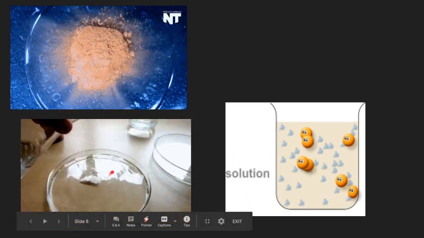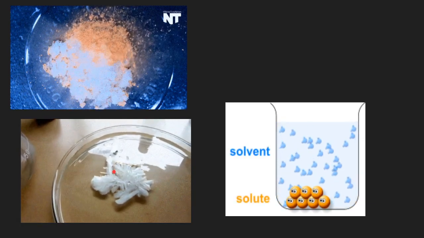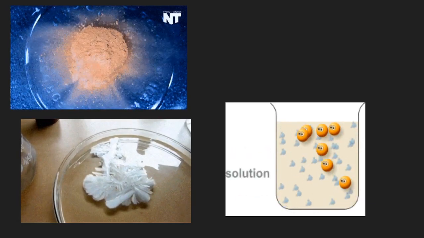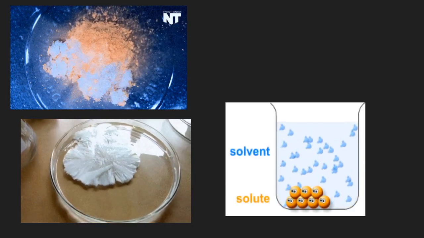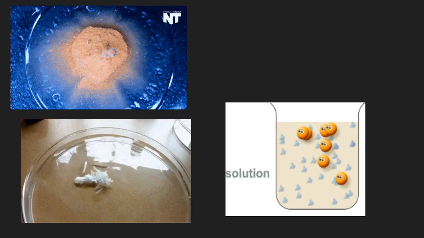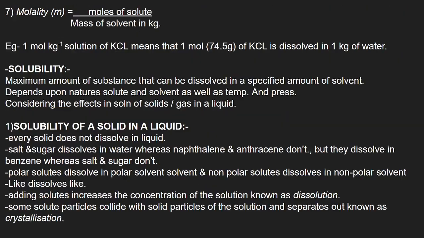And here is the process of crystallization. See how it happens. The crystals look so beautiful. You can see how they form. The salt crystals are exactly the same. So that's the process of crystallization. After colliding, they separate out, and that's what crystallization is all about. Okay, coming back.